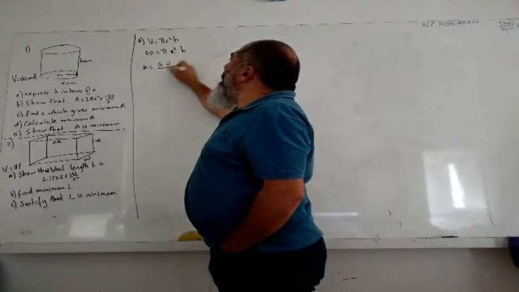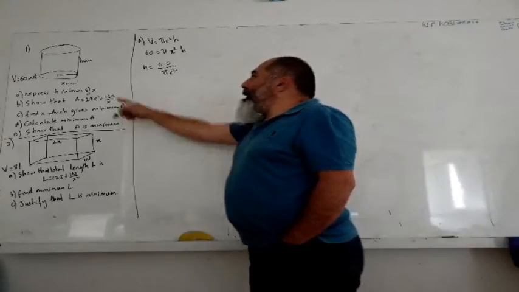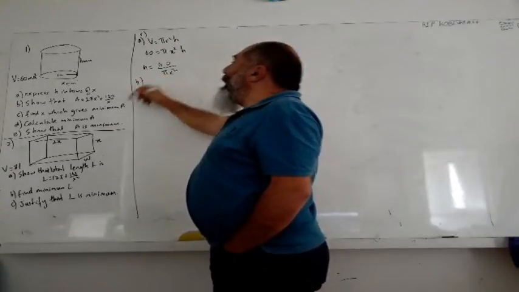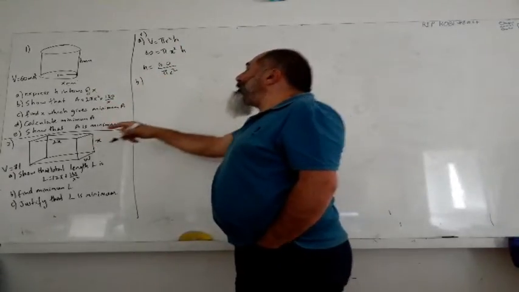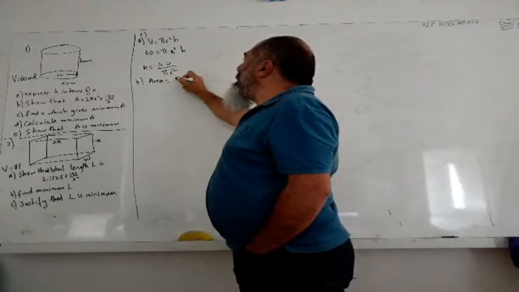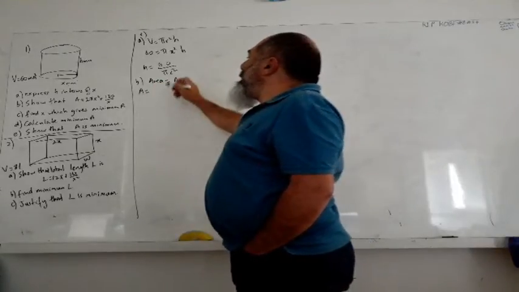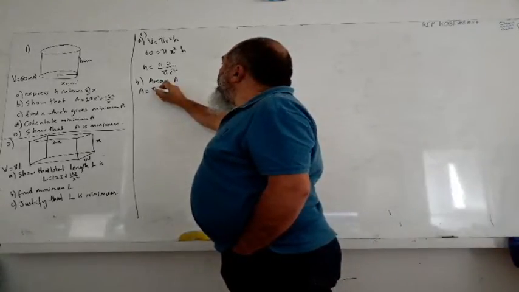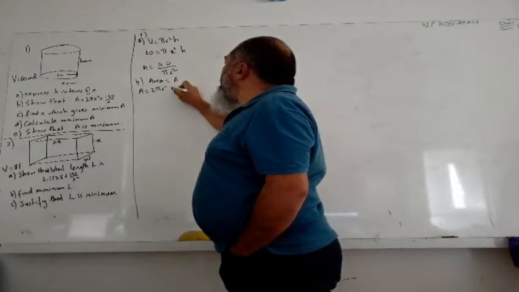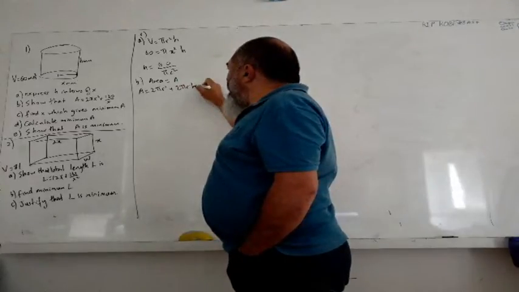And in part B, this is question 1, the A stands for area. Area is A. And what is the area of a cylinder? It is 2 pi r squared plus 2 pi r h. This is the general formula for the area of a cylinder.